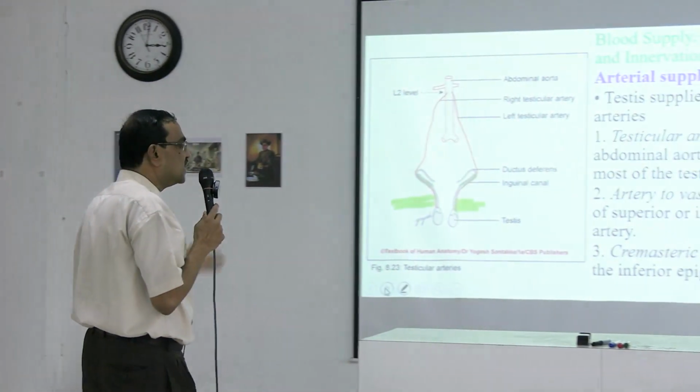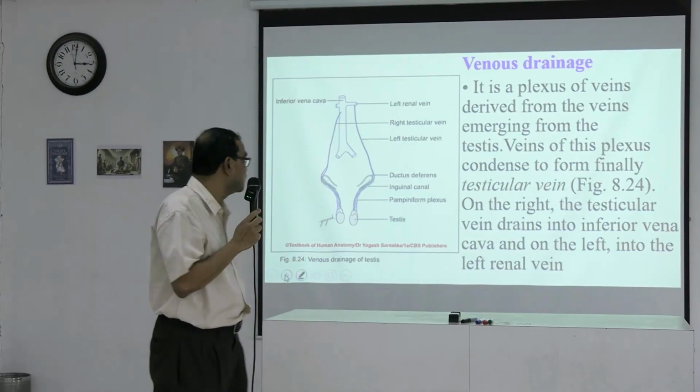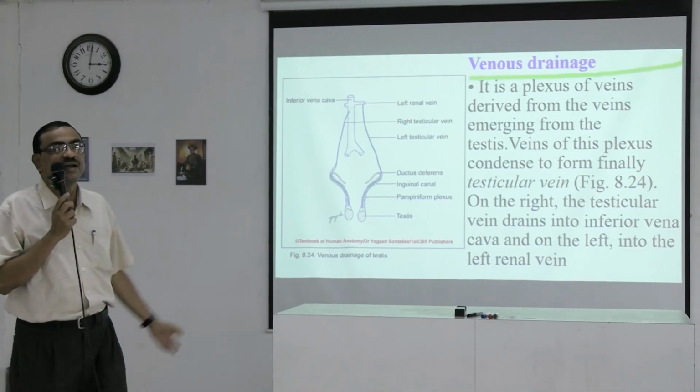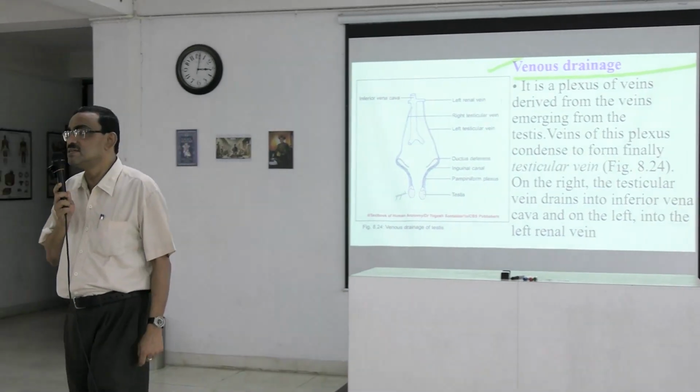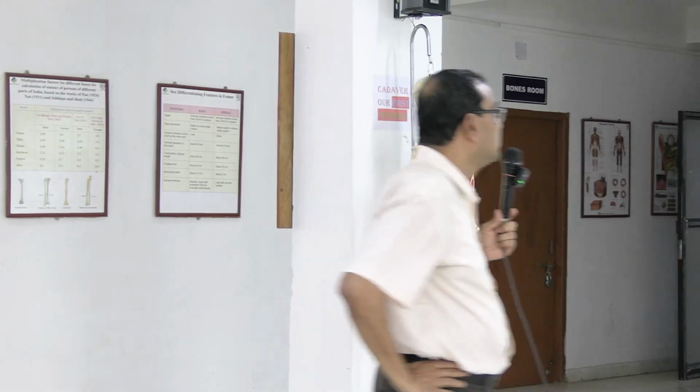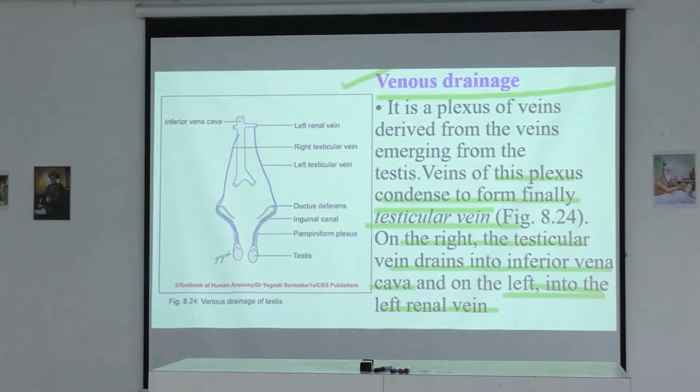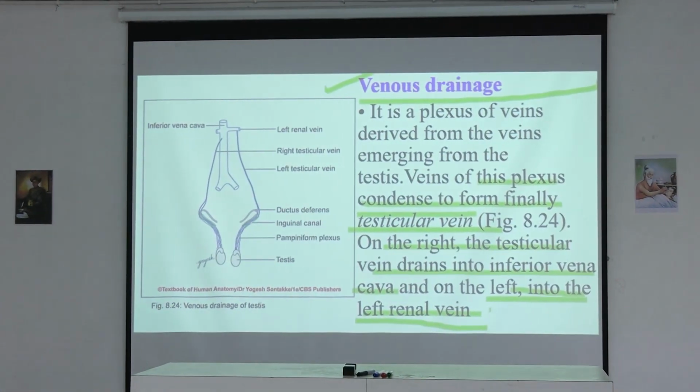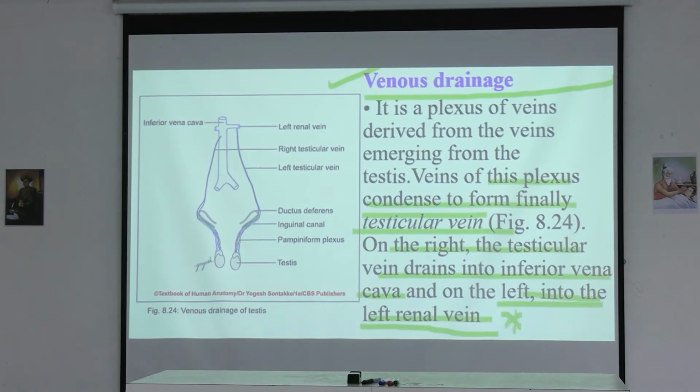About the testicular vein, and there is also the cremasteric artery, I am not going into the detail. You can see this is the venous drainage of the testis. There are several veins which form the pampiniform plexus. It forms the bulk of the spermatic cord. When it is entering through the superficial ring, they are 4 in number.